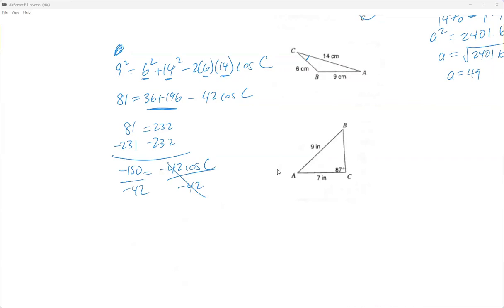All right. Did I do something wrong? Because 150 divided by 42 is going to be over 1.